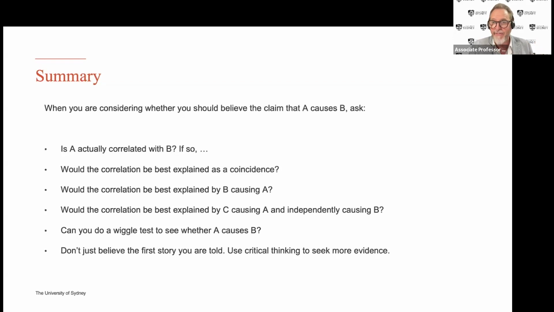So if you're considering whether A really causes B, you need to work through all of these steps, see if you can do a wiggle test or see whether scientists have done wiggle tests. Don't just believe the first story that you're told when it comes to claims that something causes something else. You need to use critical thinking to seek more evidence.